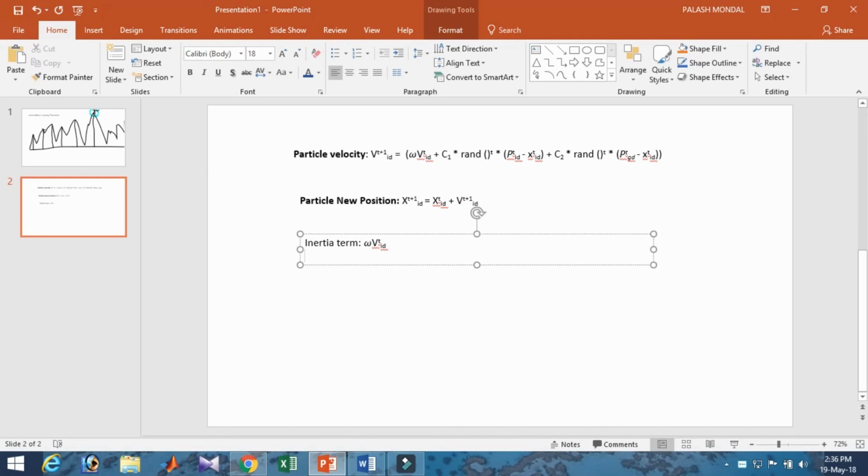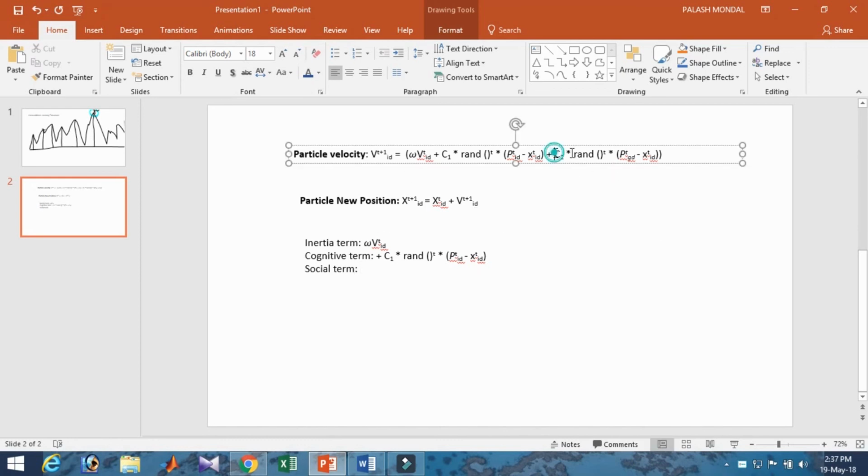And after that, this component up to here is known as the particle cognitive term. After that, the third one is the social component or social term. This one is the social component.